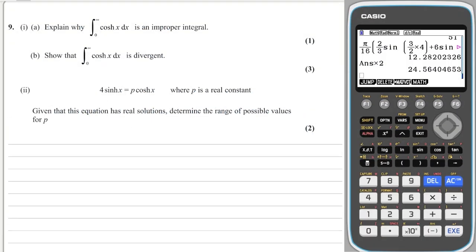Okay, first one, explain why this is an improper integral, and that's because we have an infinite limit. Next one, show that it is divergent.